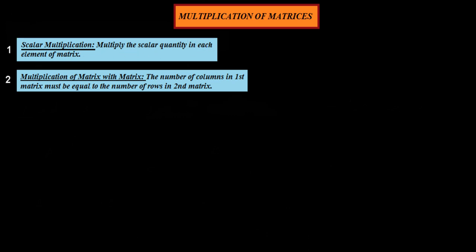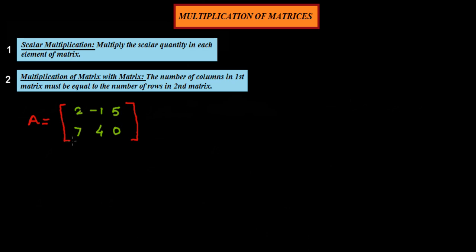Let us see. You have a matrix A, where the elements are 2, -1, 5, 7, 4, 0. These are the elements we have in this matrix.